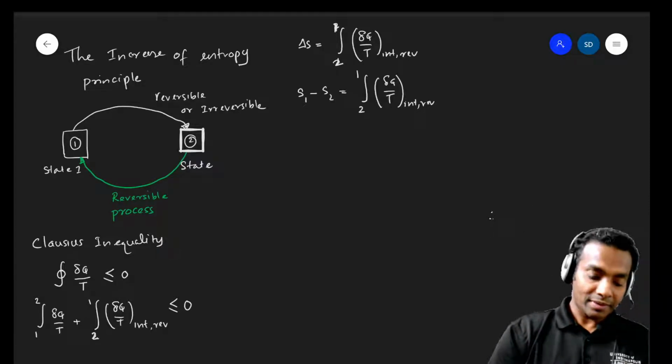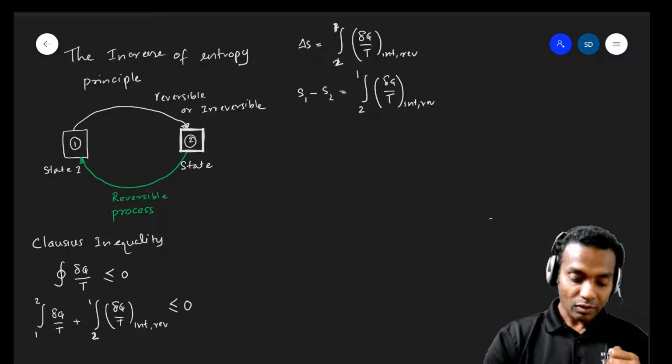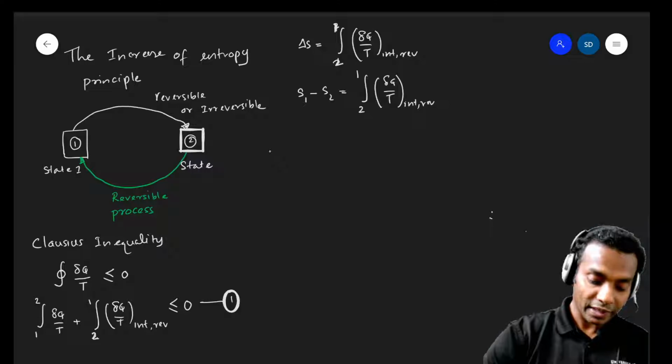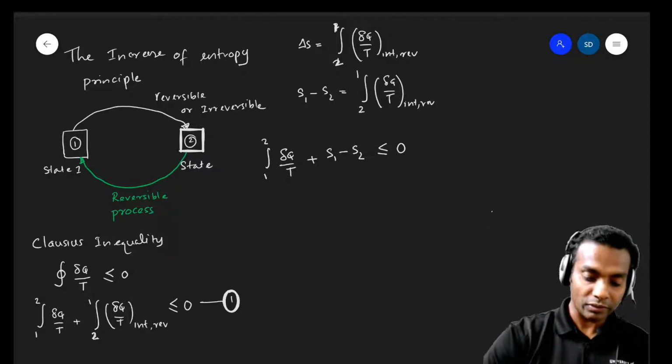Now, as you can see, we can substitute that into our equation 1 here, so that we get the integral 1 to 2 of delta Q over T plus S1 minus S2 less than or equal to 0.